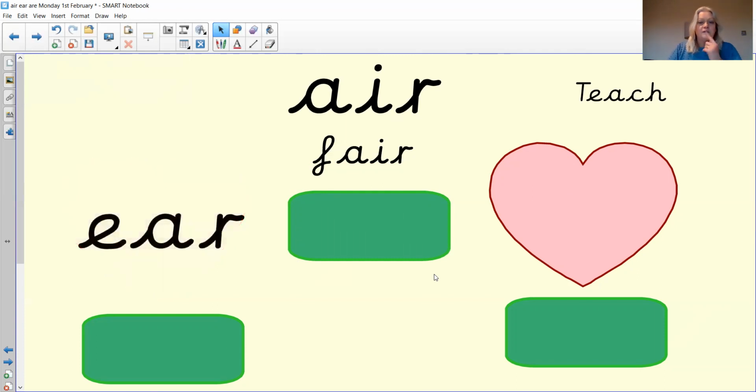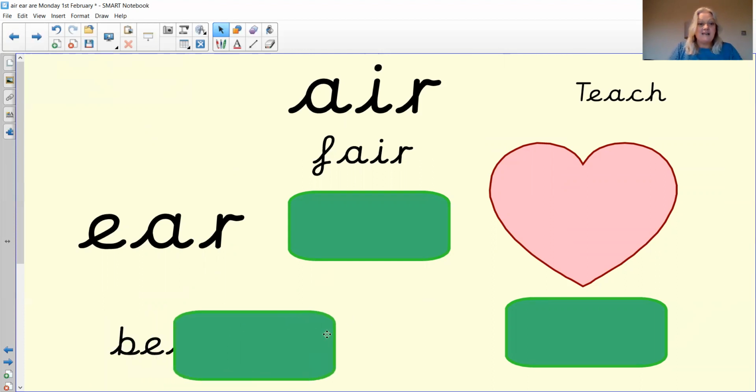Oh, now this one we often go ear. So why have I put an ear with an air sound? Have a chat about that. Have a pause and think, see if you can work out why those three letters are there if I'm doing the air sound. Pause the video.